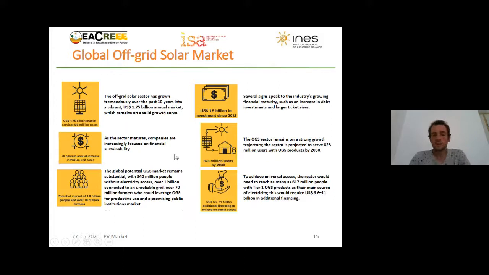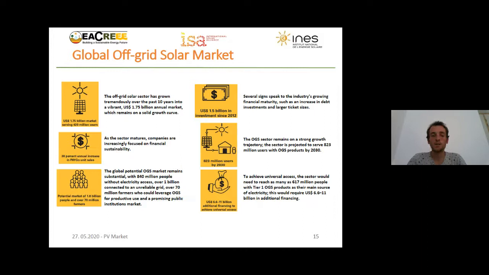And to finish, and to make a little transition to my colleague Fred's part, we have a nice global off-grid solar market, which is booming in parts of the world, and especially in Africa. So the global off-grid market is very relevant because you still have a lot of people who lack electricity or who are connected to a non-reliable grid.